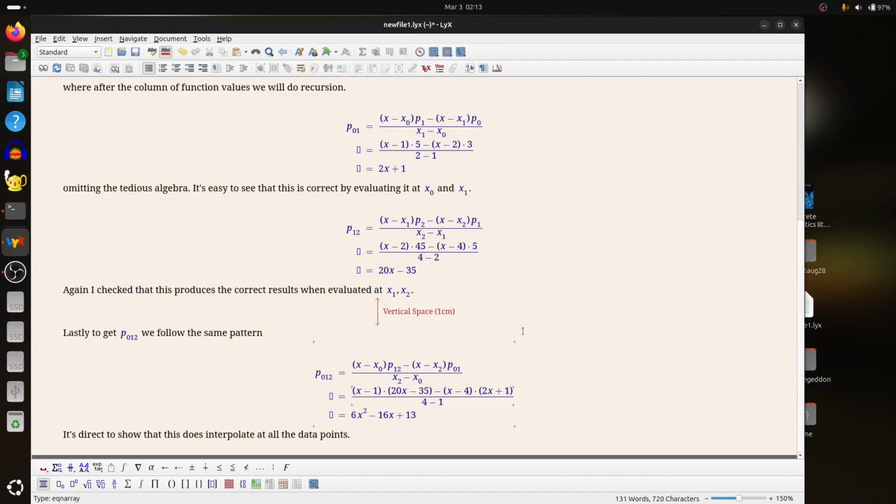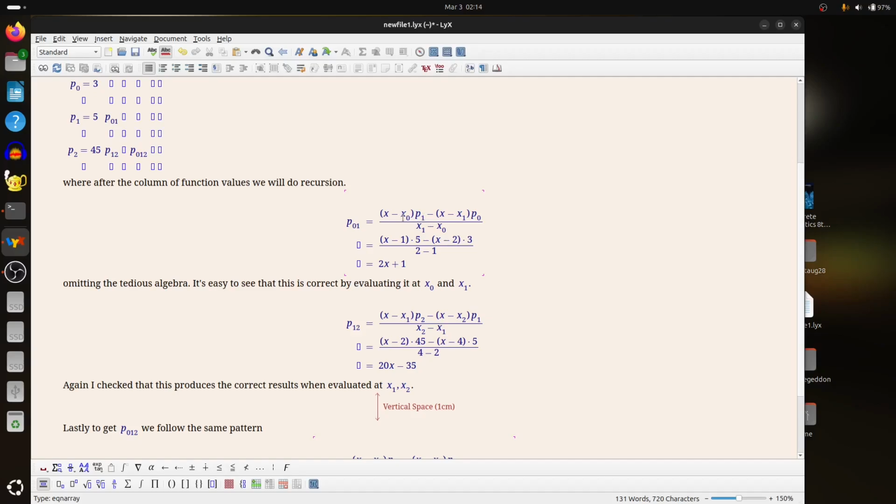Okay. Let me go back and look at that first one. P01 is x minus x0 P1 minus x minus x1 P0 over x1 minus x0. x minus x0 is x minus 1, x minus x1 is x minus 2, P1 is 5, and P0 is 3.